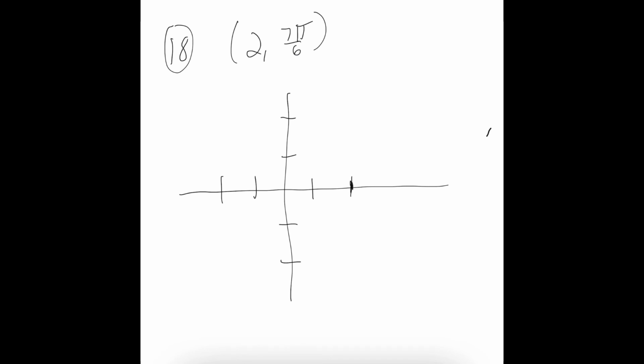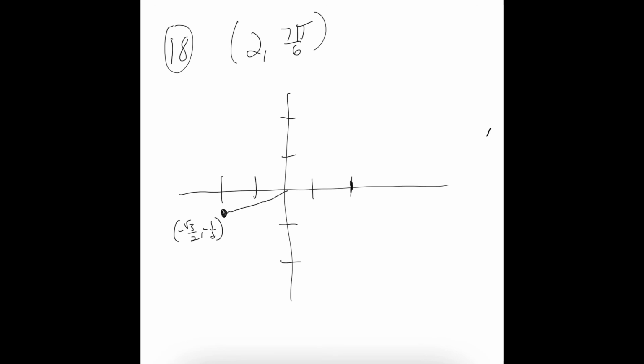So we would be right here. All right, on the unit circle, when the radius is 1, this coordinate is negative root 3 over 2, negative 1/2. But the radius is 2 here.